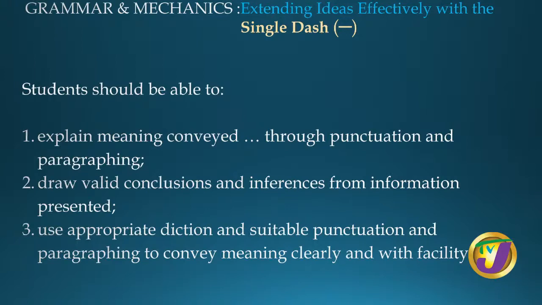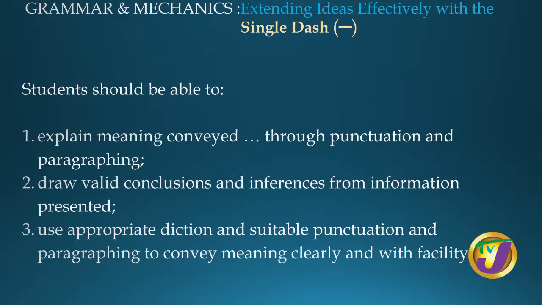You know, when we are creating our expressions, diction comes first, and then the punctuation mark is going to show us how it is to be read, and suitable punctuation and paragraphing to convey meaning clearly and with facility.